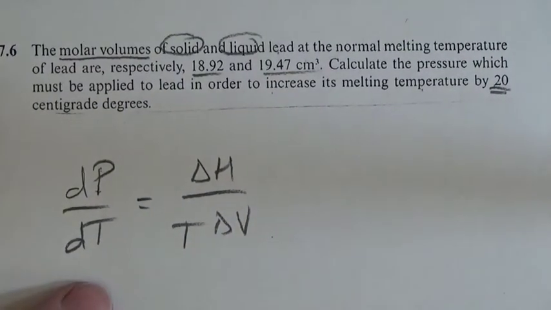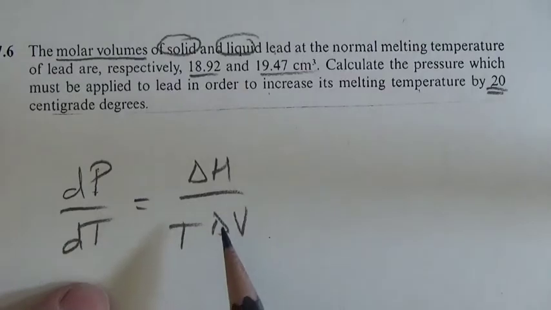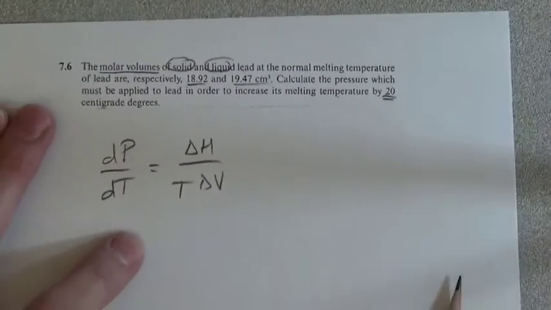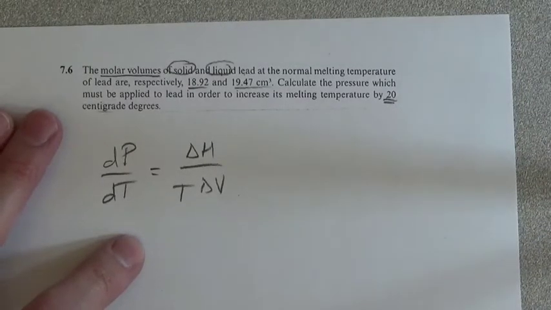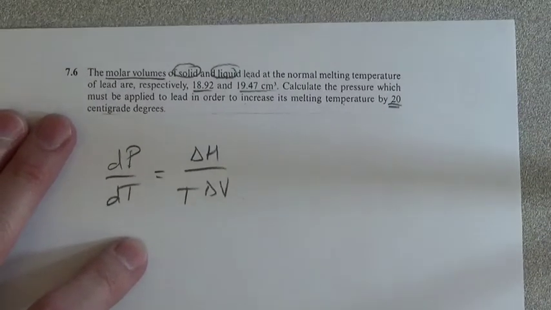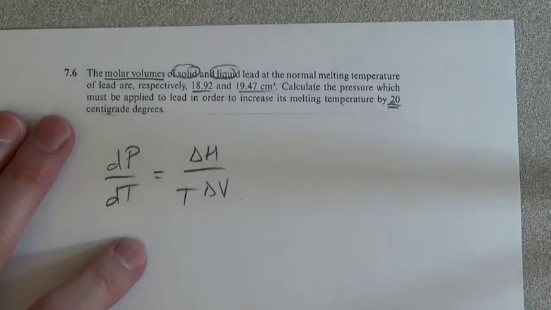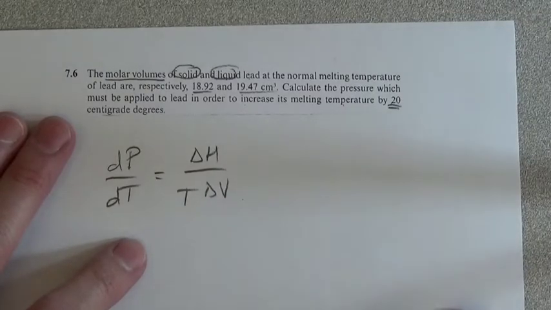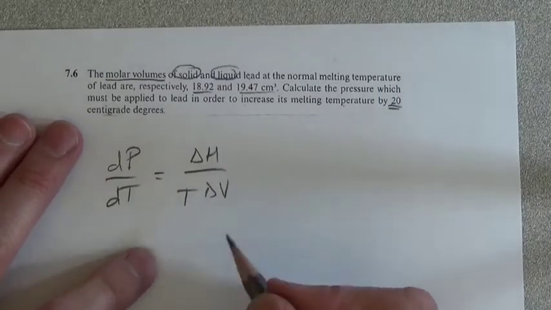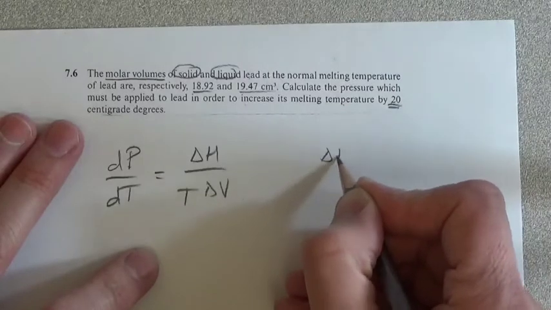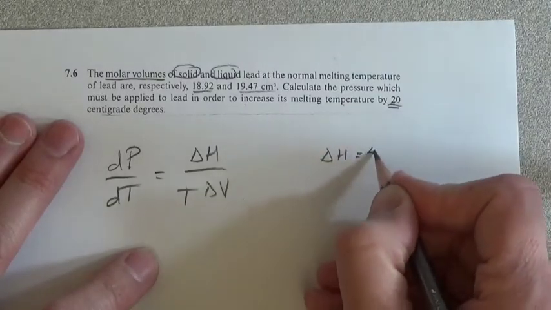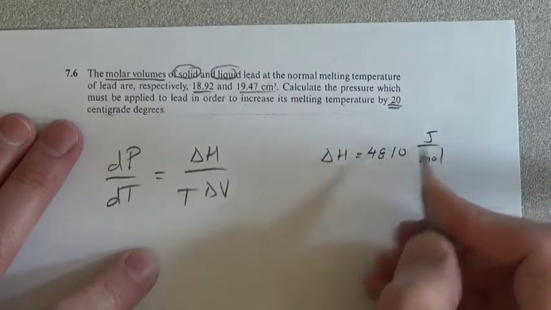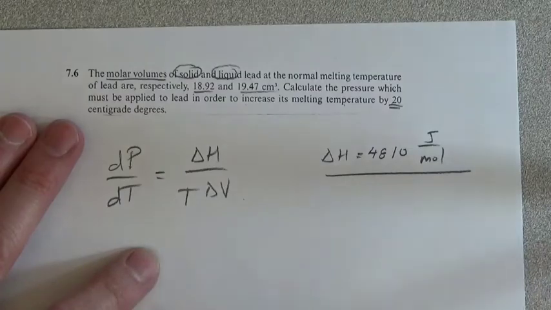Great. So to do this, we need to look up some numbers, in particular the latent heat of transformation. So at kind of standard 1 atmosphere, delta H is equal to 4810 joule per mole, and this is from the table in the back of your textbook.